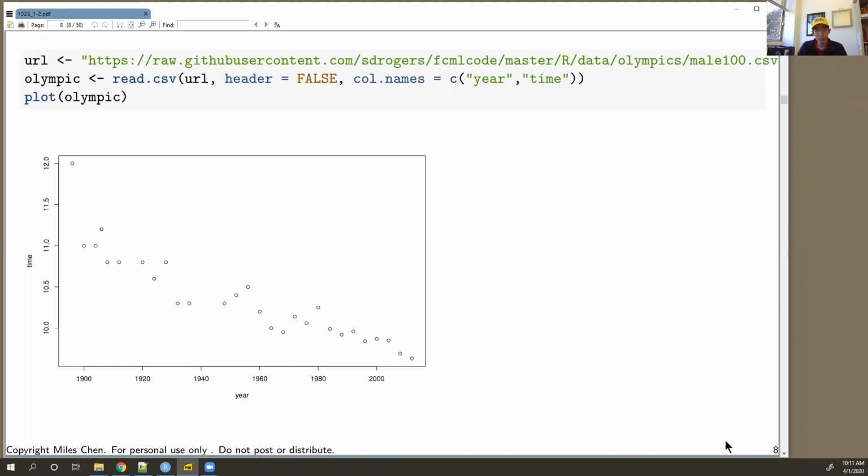And this is what it looks like. If you create a scatter plot, we can see that over time, the winning race times have gotten faster and faster. For 100 meters in 1900, if you could run it in around 11 seconds, you would have won the gold medal. But today you have to definitely run under 10 seconds.